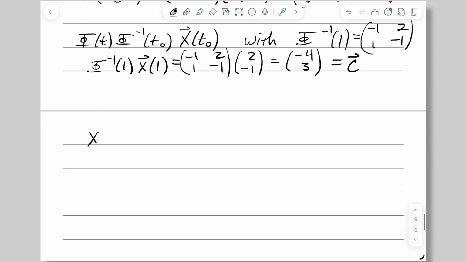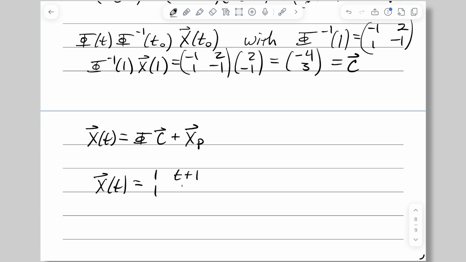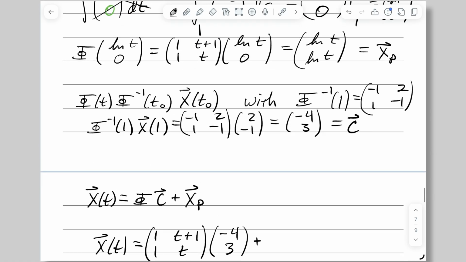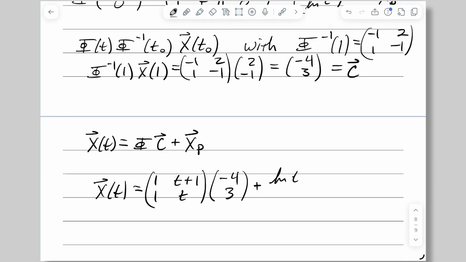Finally, we know that x of t is equal to, just to remind ourselves, phi times c plus x sub p. So in this case, x of t is equal to 1, t plus 1, 1, t times negative 4, 3, that's in place of c, plus natural log of t, natural log of t, that's our x sub p.